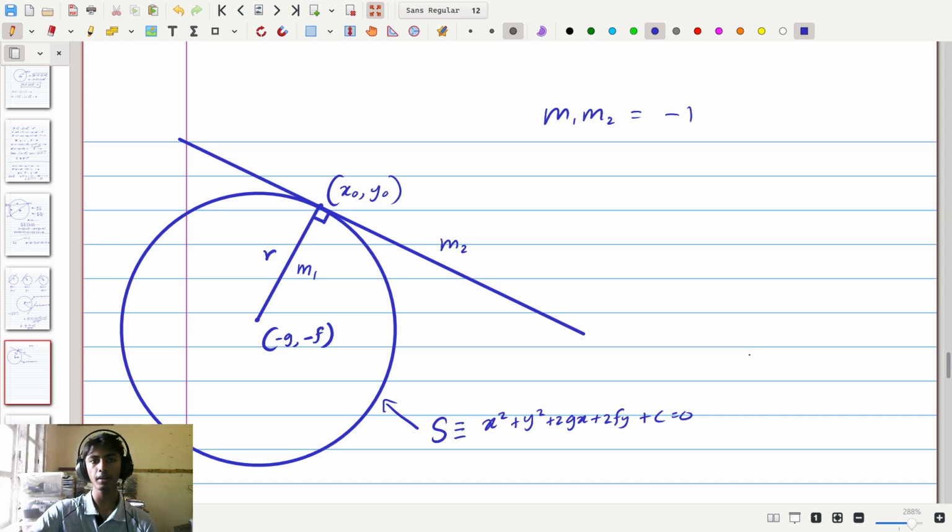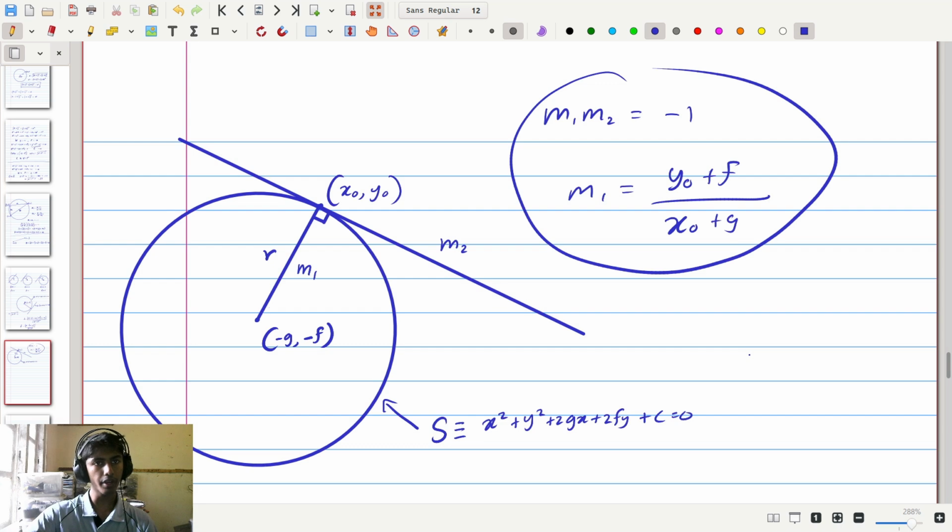We know m1 because we know two of the points on the line R. Here we can see we know the point x0, y0, and we also know the point negative g comma negative f. Using this, we can write that m1 is equal to the y coordinate difference, which is y0 minus negative f, so I'm going to write that as y0 plus f, divided by the x coordinate difference, which is x0 minus negative g, which I'm going to write as x0 plus g.